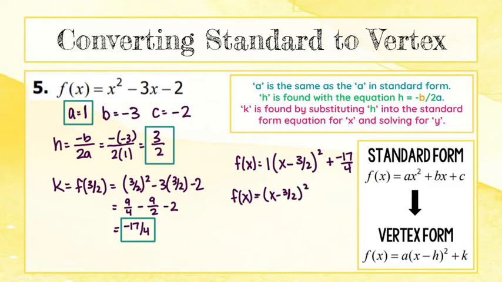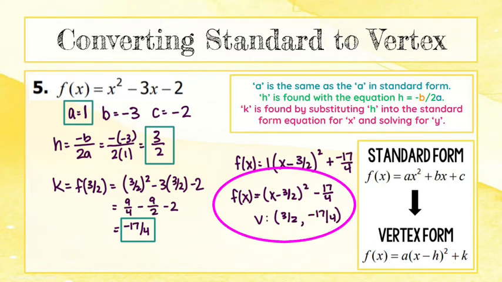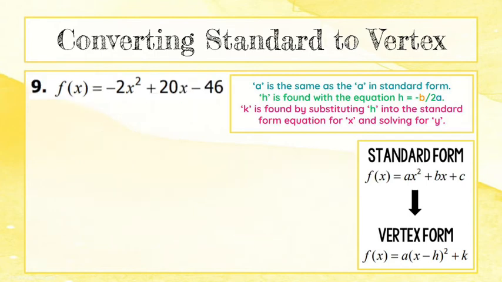And then plus a negative is just minus 17/4. And then it wants to know the vertex, and the vertex is just h comma k. And that's it. Let's try another example.